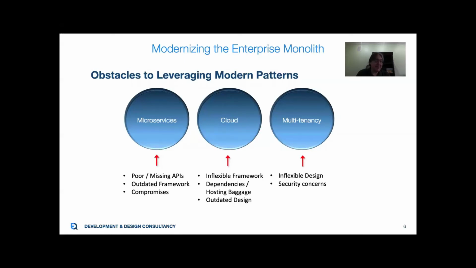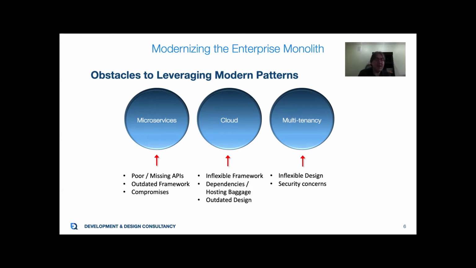If we have outdated frameworks that maybe cannot cope with messaging in a modern way, or don't lend themselves to it, that can increase the challenges. And compromises in our application architecture, be those from the outset or incurred over time, can mean that the whole thing ends up a bit too cross-cutting to slice services off.